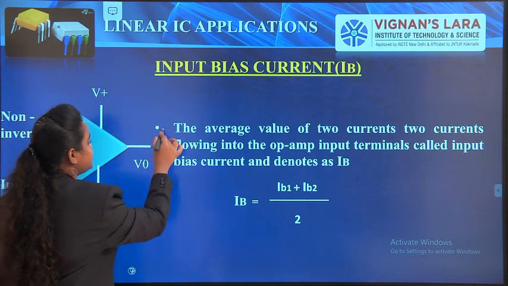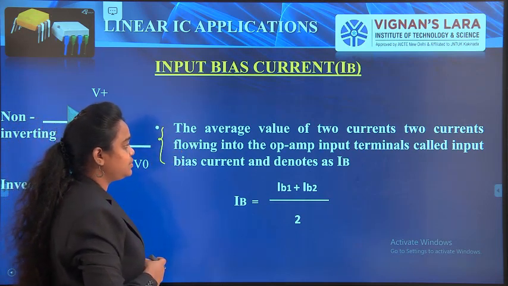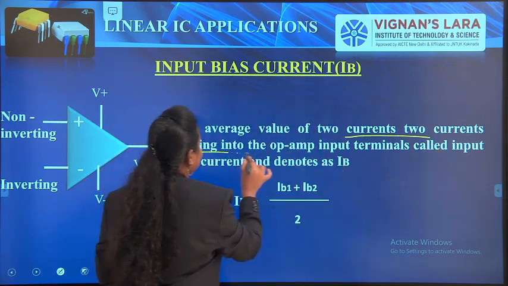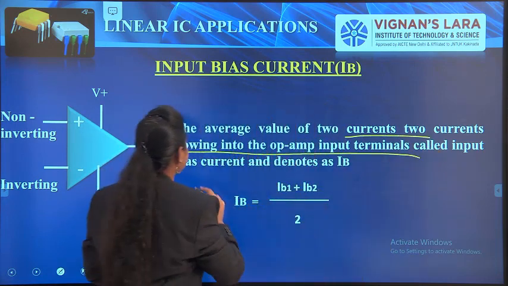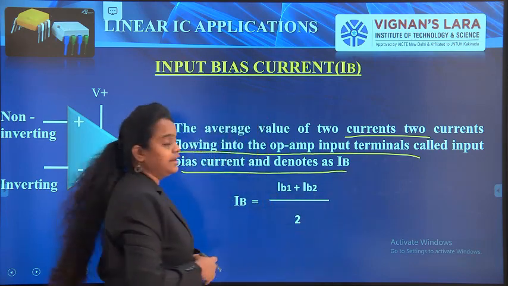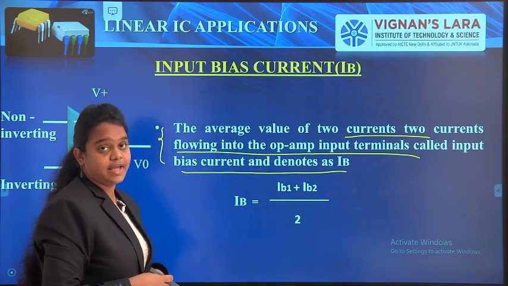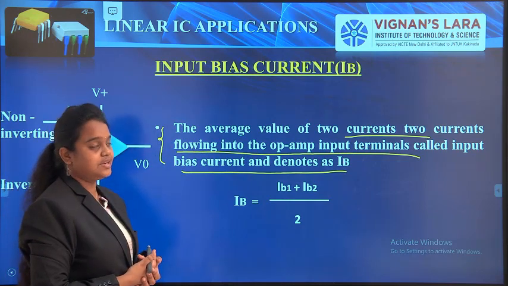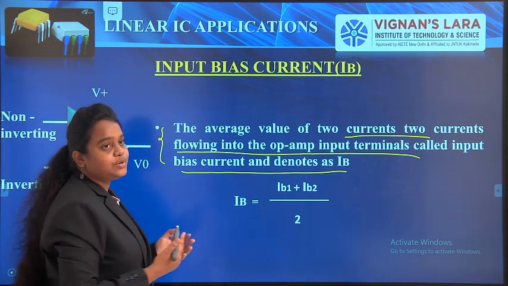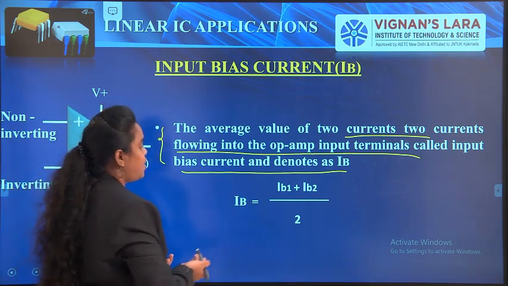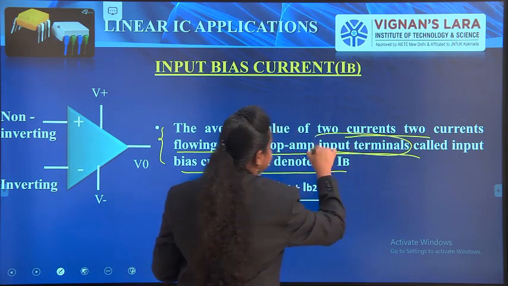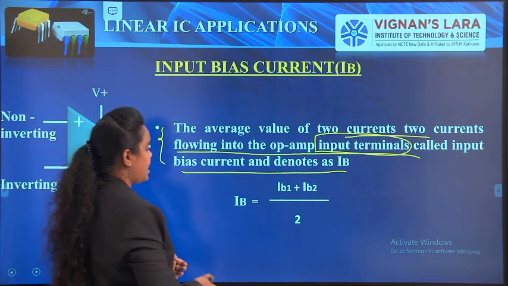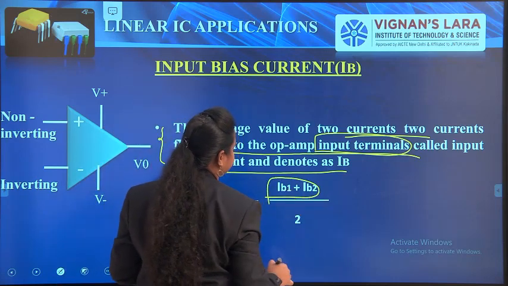So the average value of two currents flowing into the op-amp input terminals is called the input bias current and denoted as current IB.